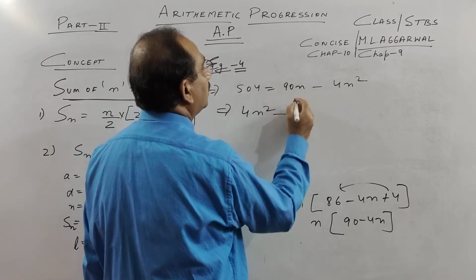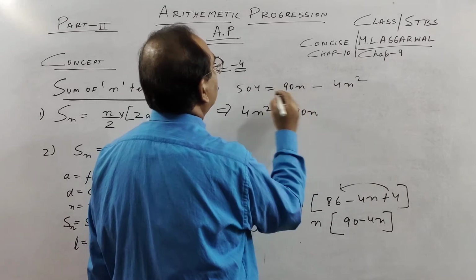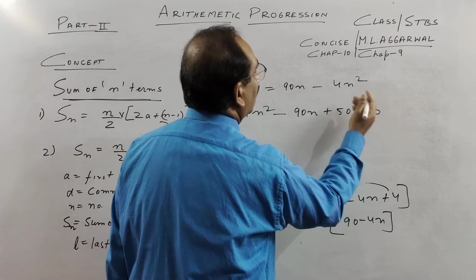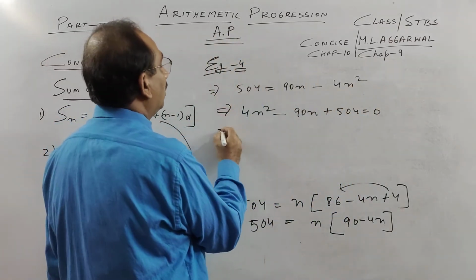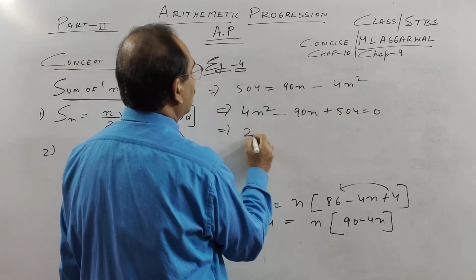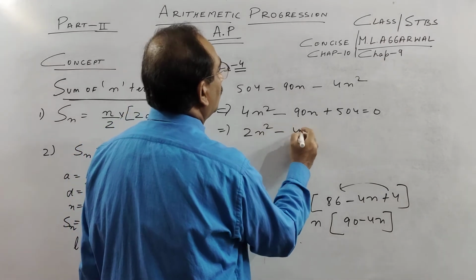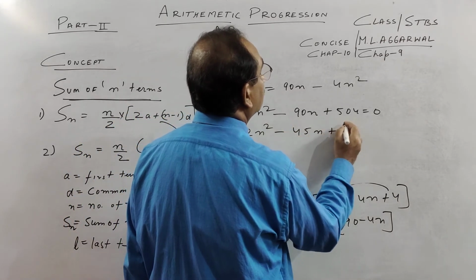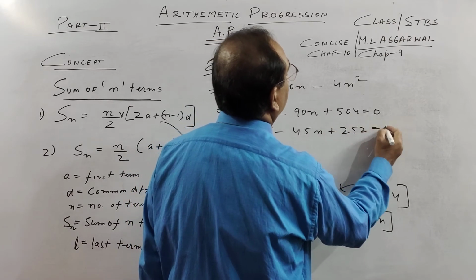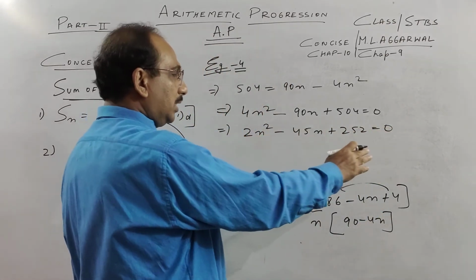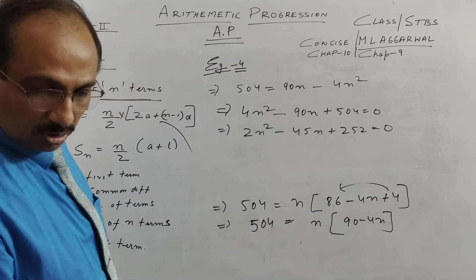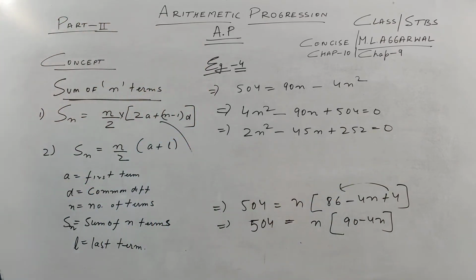It becomes positive, this becomes negative, and this is already positive. Whatever is on the right, I transpose to the left. So 2 is common, children. I take out 2, and this I have explained to you in the quadratic equations chapter: 2 goes that side, 0 by 2 is 0.